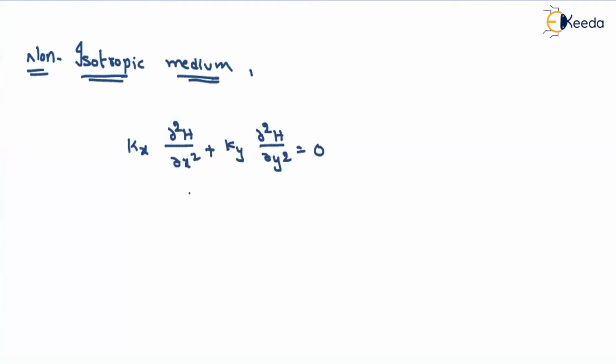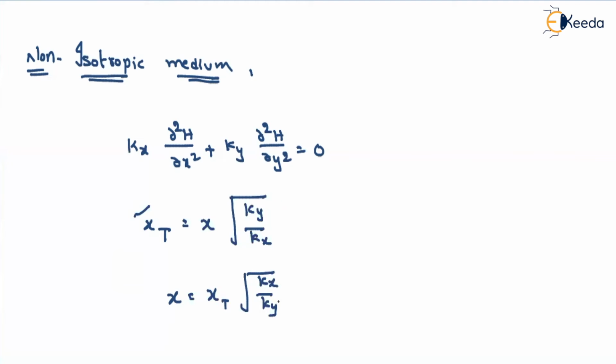If I am changing the x coordinate, the transformed coordinate can be written as xt = x into under the root ky divided by kx. And if we know the transformed coordinate, then x is nothing but xt into under the root kx divided by ky.